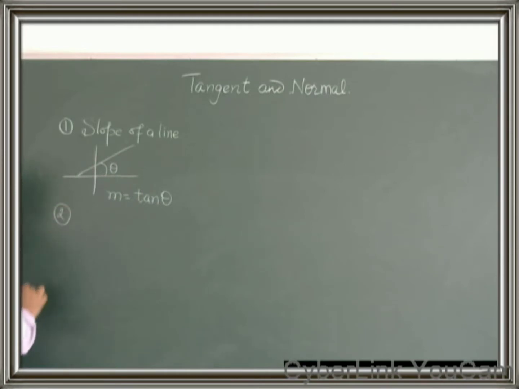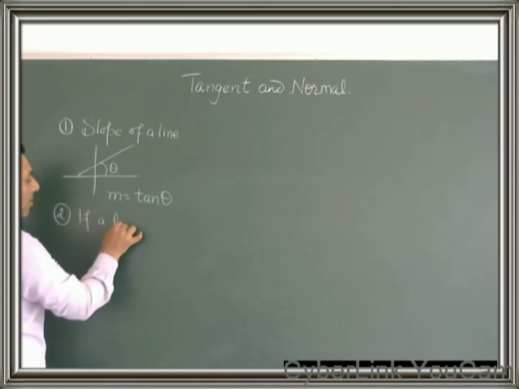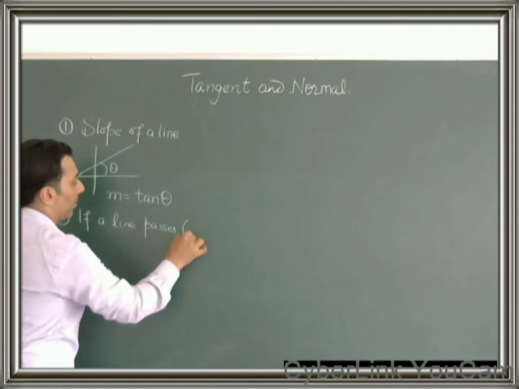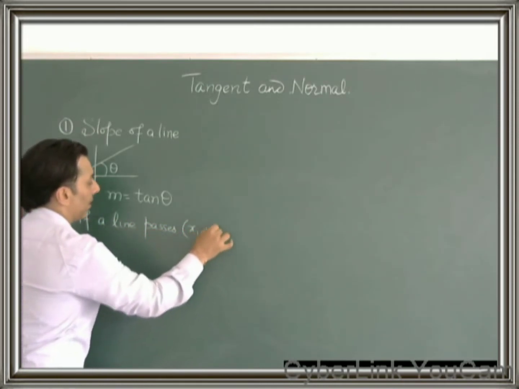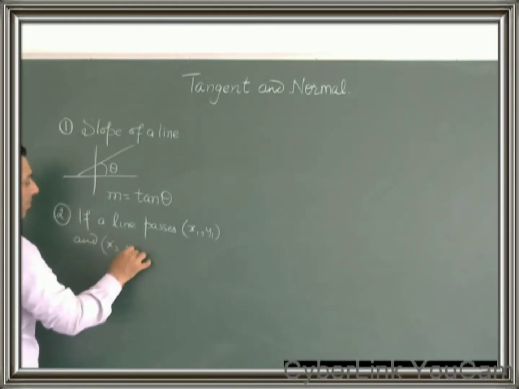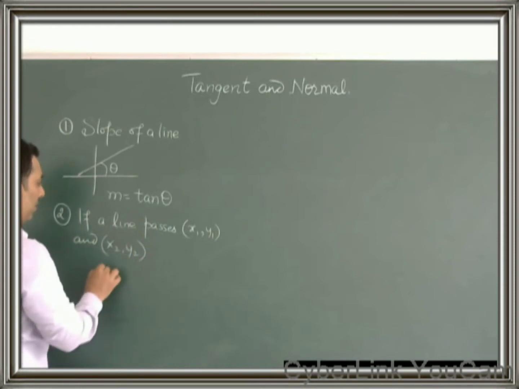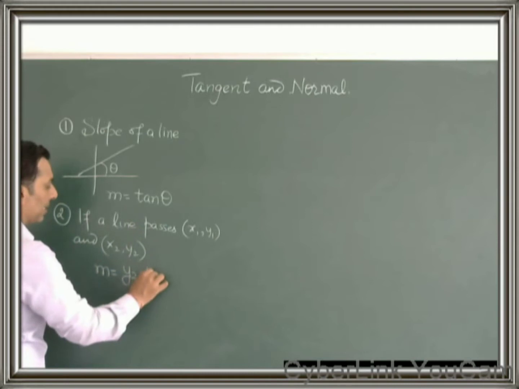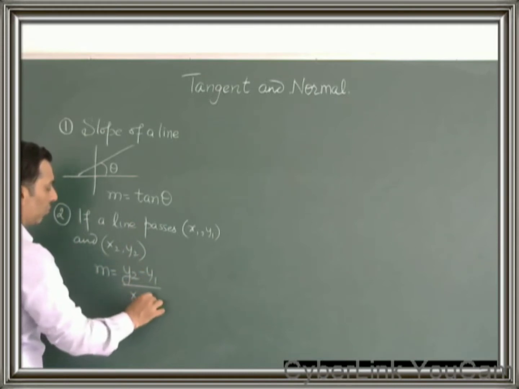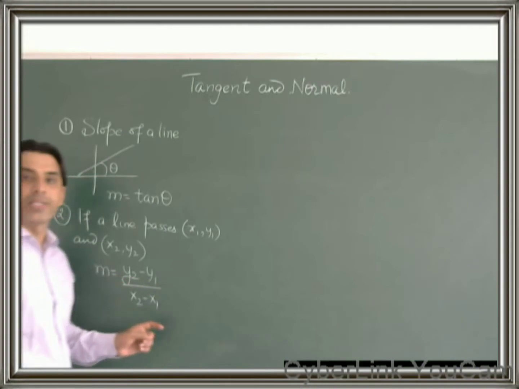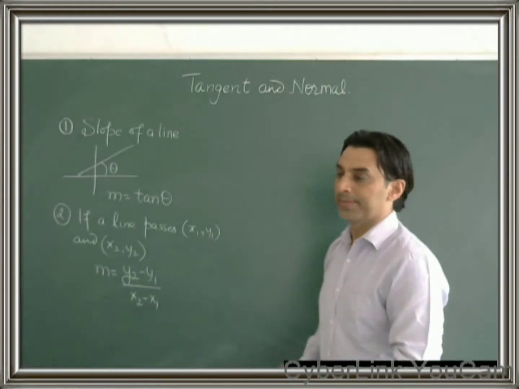The second thing regarding slope: if a line passes through (x1, y1) and (x2, y2), then the slope of the line is given by (y2 minus y1) upon (x2 minus x1), that is, the difference of the y coordinates upon the difference of the x coordinates.